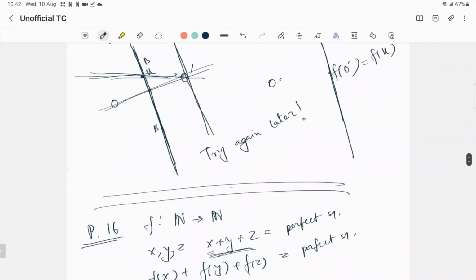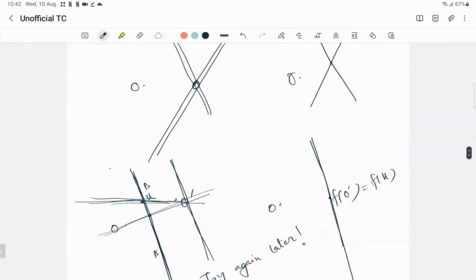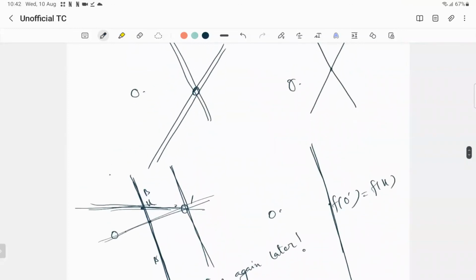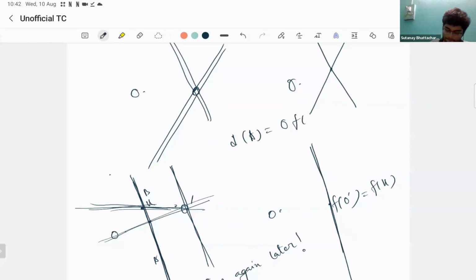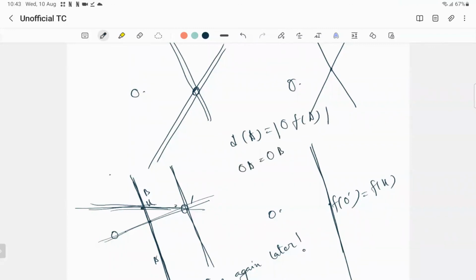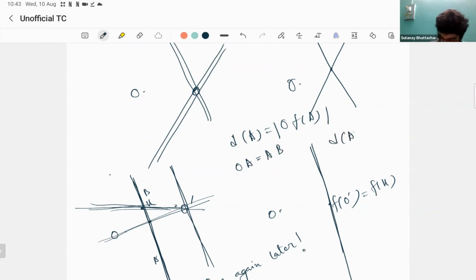Oh, go on. It's based a lot on what Akshat was saying about the distance, so define d of A as the distance OFA. So the problem says that if AO equals AB, then d of A is at least d of B, correct?